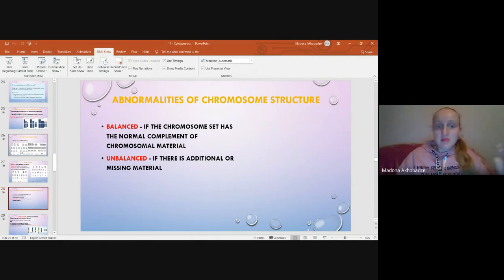And we talked about balanced and imbalanced abnormalities. A balanced one is where the total number is not changing. We've got 23 pairs, 46 chromosomes, 22 autosomes, and one pair of sex chromosomes, X and X in females and X and Y in males. An imbalanced one means we have an extra chromosome or we lack a chromosome, meaning additional or missing material.